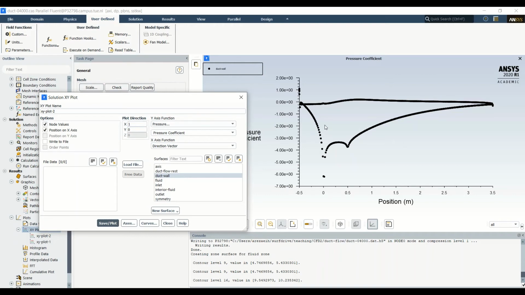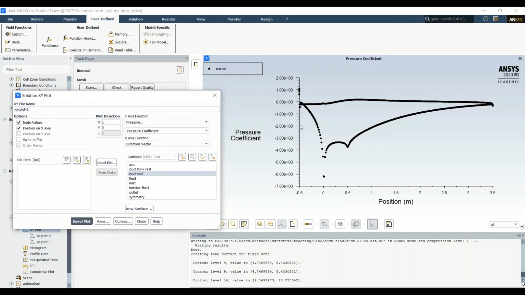But what is apparent to us is that in the inner wall we had acceleration of flow, and then we expect that in this region where we have acceleration of flow, we should have pressure drop, and then probably this should be the inner wall and this should be the outer wall.